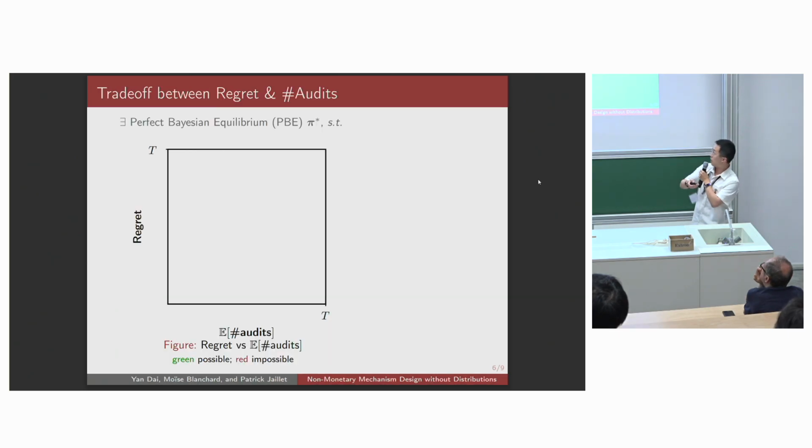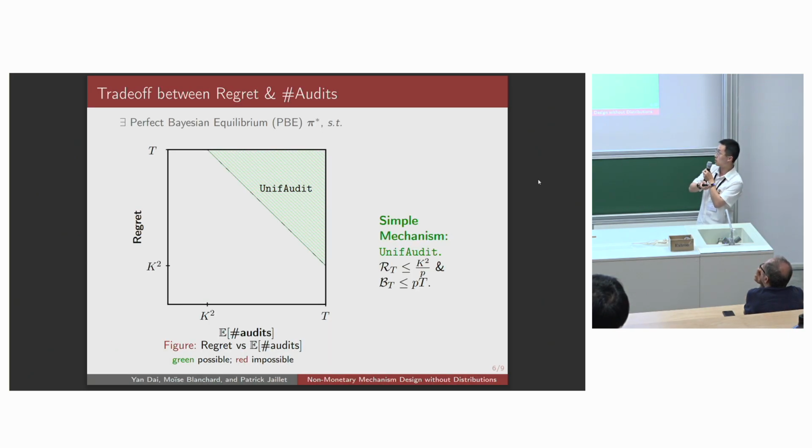Our main results: first of all, we get a baseline, which is basically saying that if you just audit every single round, then you can get very good regret, which is independent of T. And if you almost do not do any audit, then you will suffer T regret, linear, super bad.